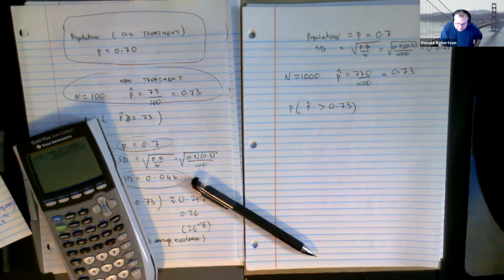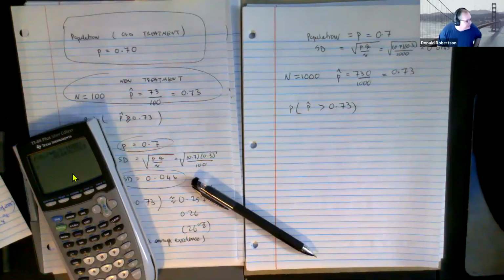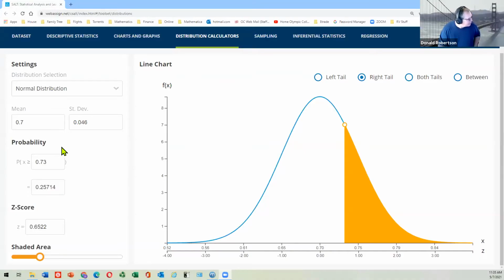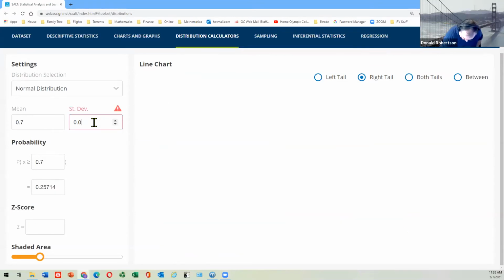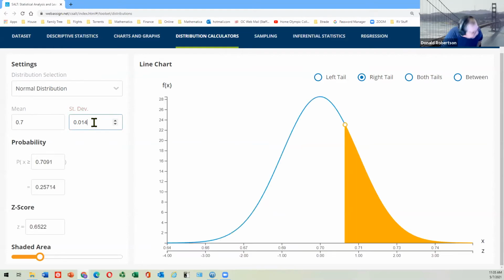Now going yet again back to the calculator, and we're going to put that information in. So our standard deviation is now going to be 0.0145.